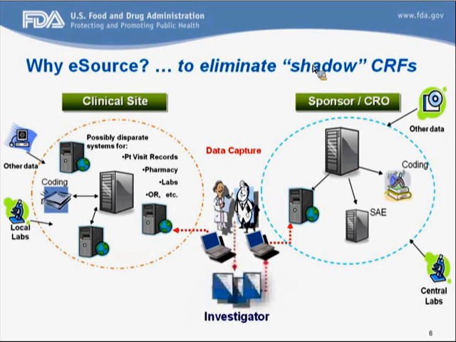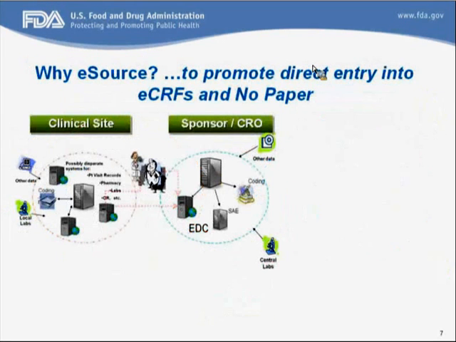And we think that this is not efficient, as Dr. Sachs said. It's certainly not efficient, and it certainly lends itself to data errors. So what we would like to see in this diagram is direct entry into eCRF, getting rid of the paper.